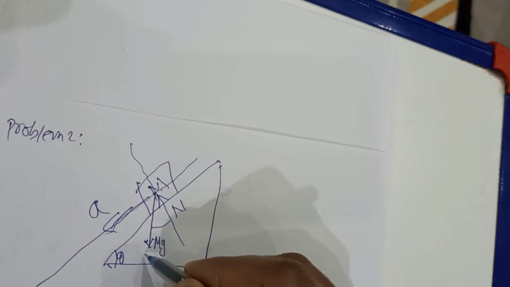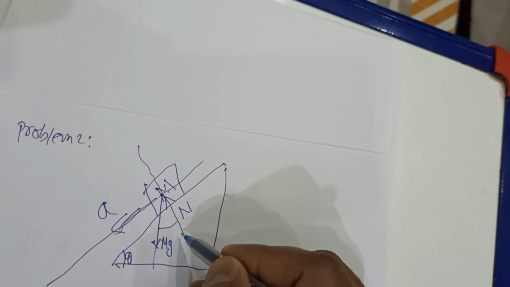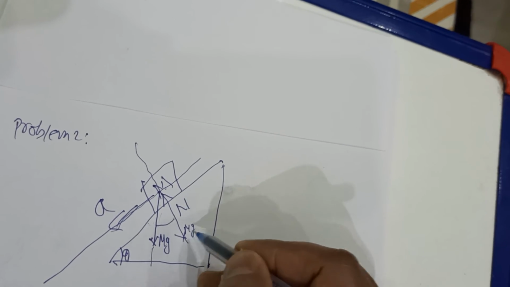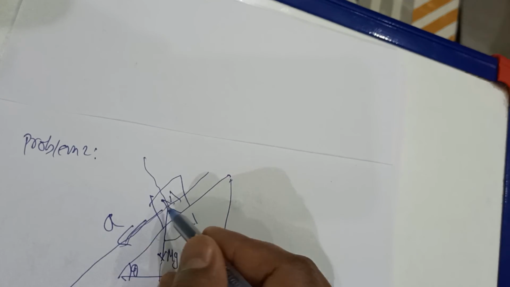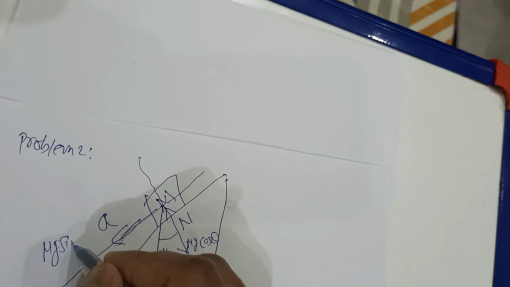Now we will resolve this. This is obviously theta, because this is 90, so 90 minus theta, so this is theta. This will be mg cos theta, and this will be downward mg sin theta.